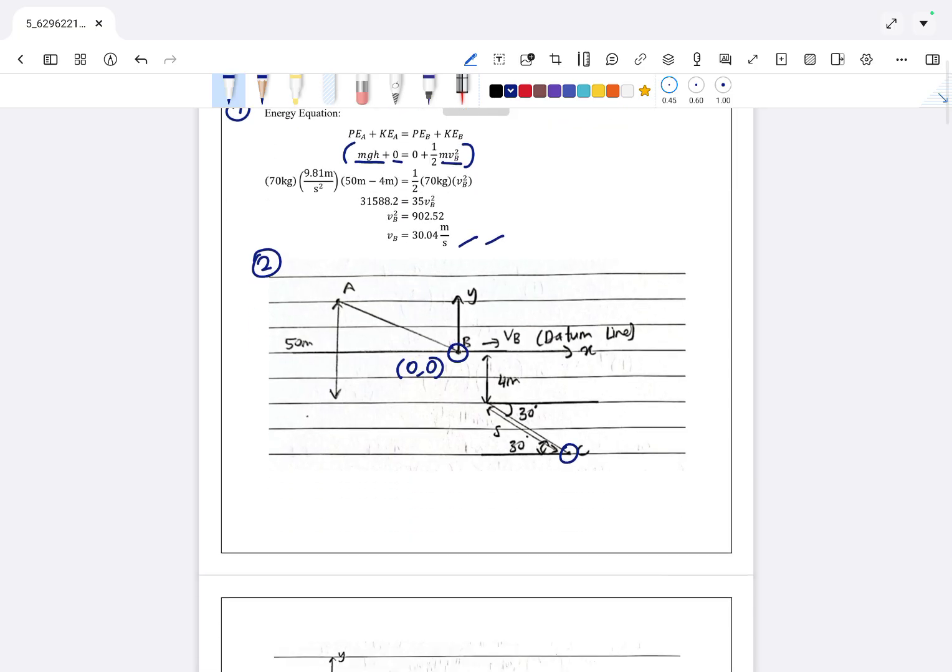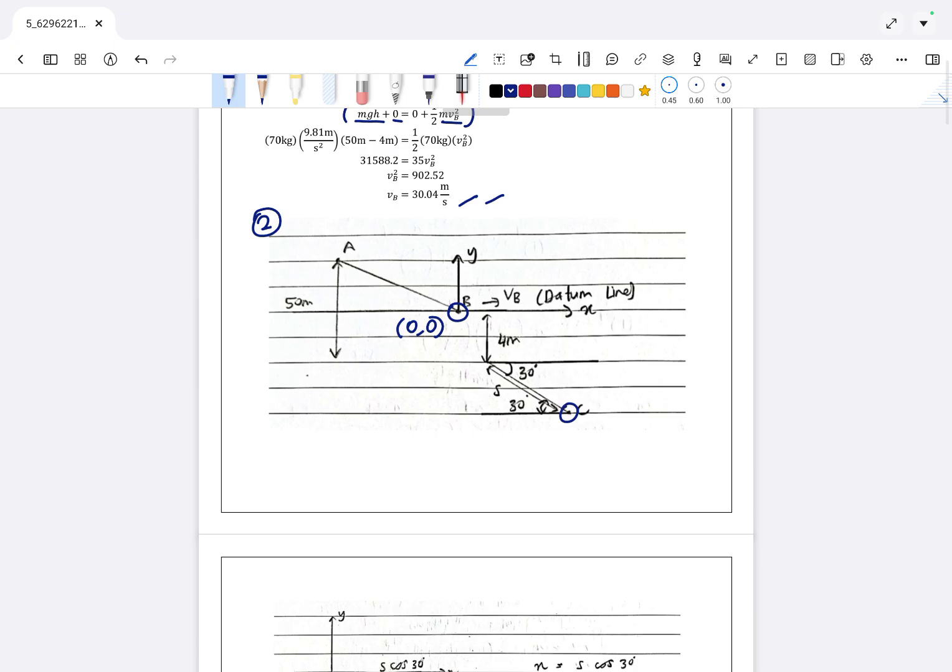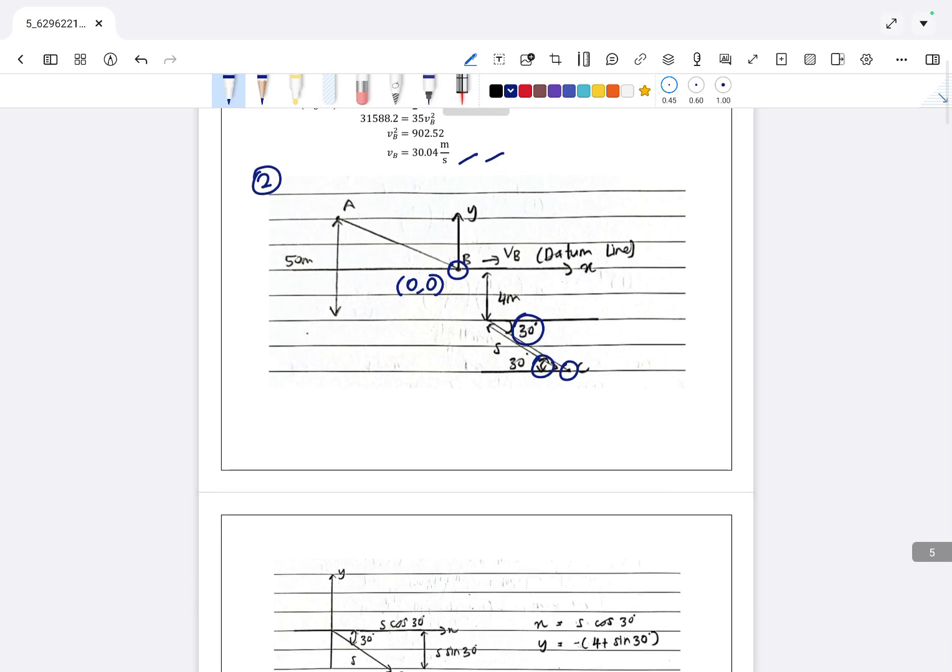And here at point C, there's an angle given which is 30 degrees. So we know that if the angle is 30 degrees here, it will be the same here also. So we can easily find the coordinate at point C.